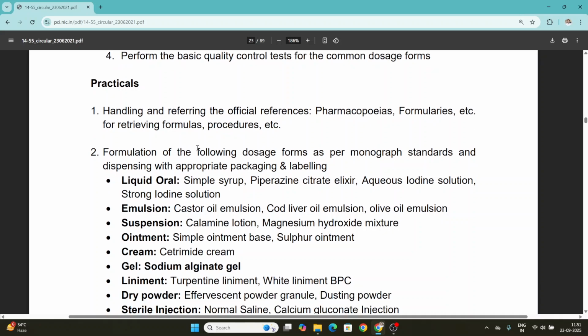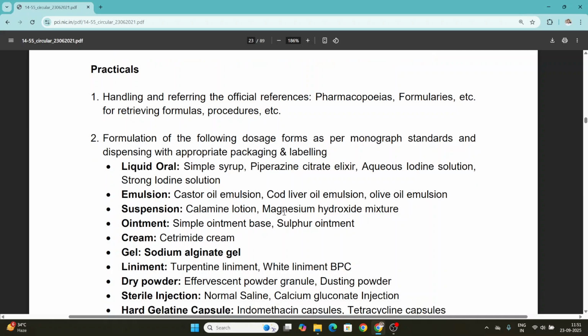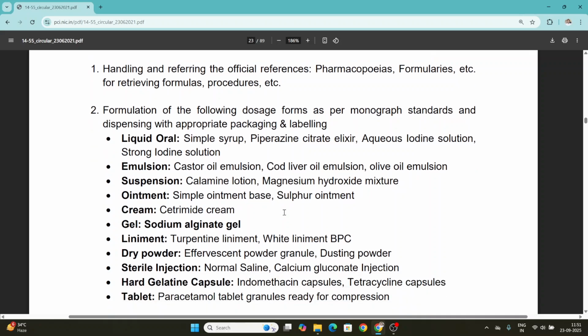Practicals. 1. Handling and referring the official references, pharmacopoeias, formularies, etc. for retrieving formulas, procedures, etc. 2. Formulations of the following dosage forms as per monograph standards and dispensing with appropriate packaging and labeling.